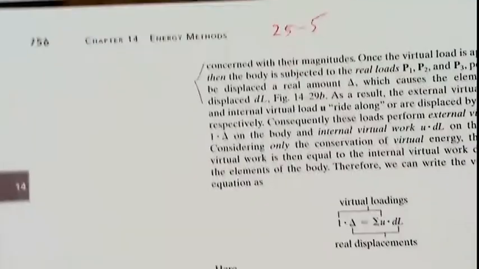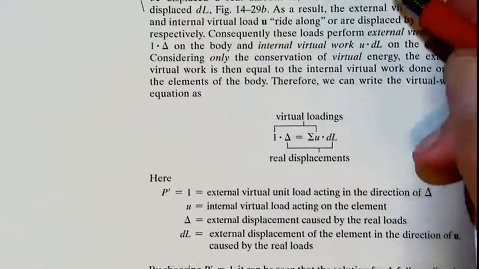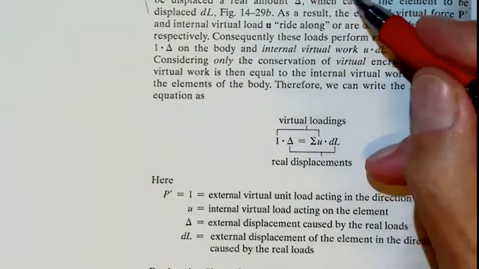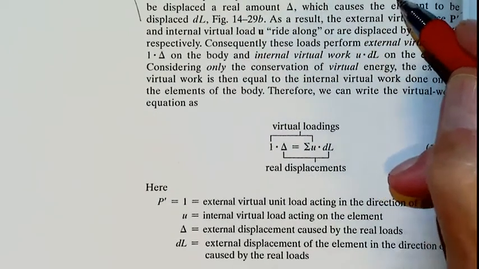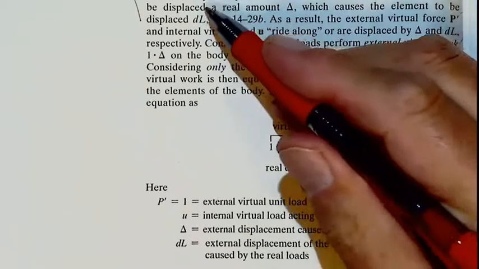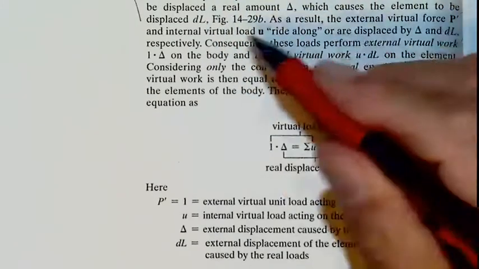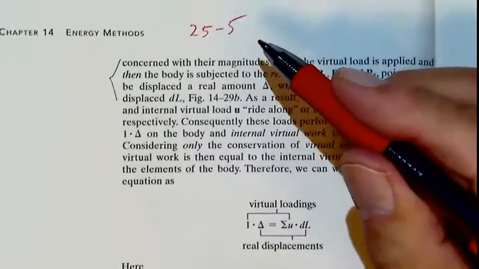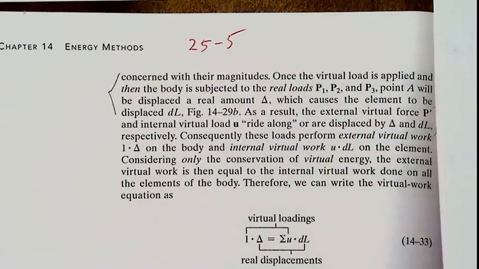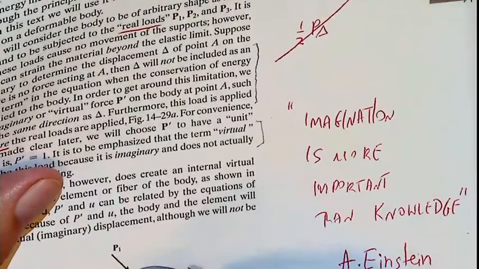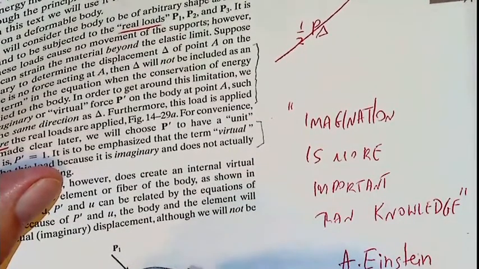Also, we will not be concerned with their magnitudes. Once the virtual load is applied and then the body is subjected to the real loads, P1, P2, P3, point A will be displaced a real amount delta, which causes the element, of some length L, to be displaced by an additional value dl.